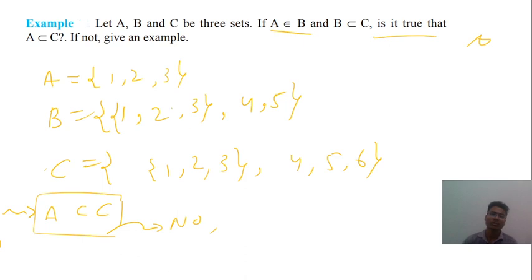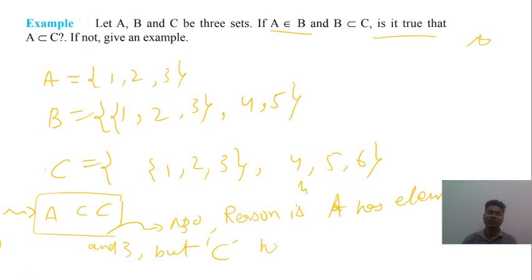The reason is in front of you: 1, 2, 3 are the elements of A and 1, 2, 3 are also present in C. So the reason is A has elements 1, 2 and 3, and set C also has these elements.